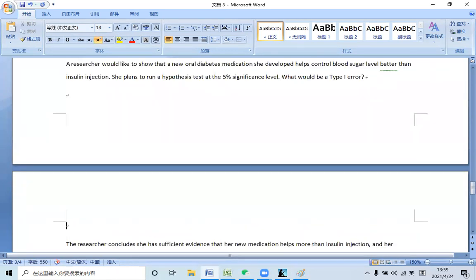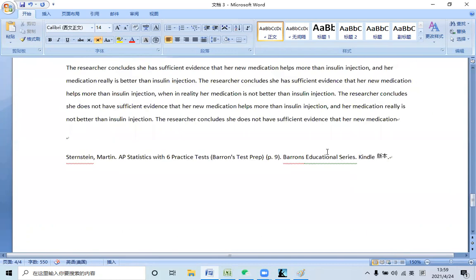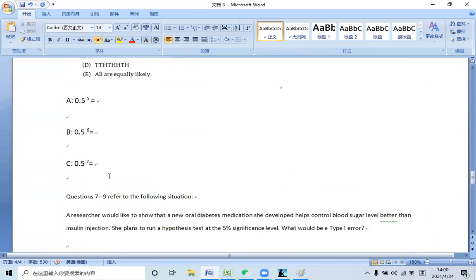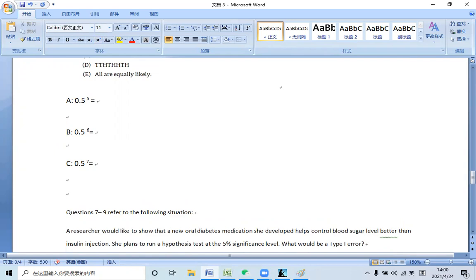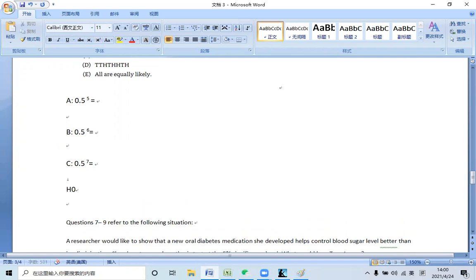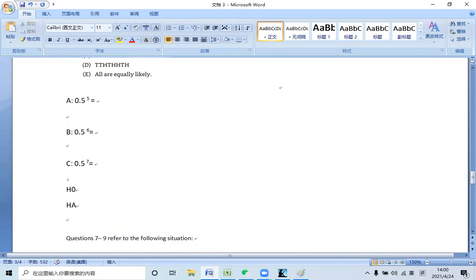Basically, you need to figure out the research hypothesis versus a no hypothesis. Let me just write it here. H0, HA, alternative versus research hypothesis.